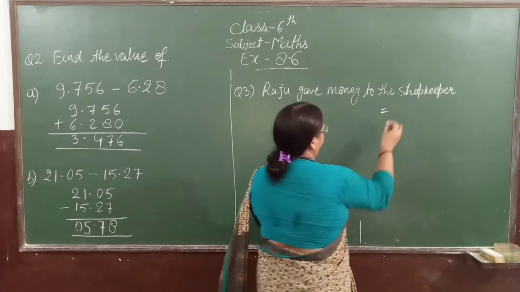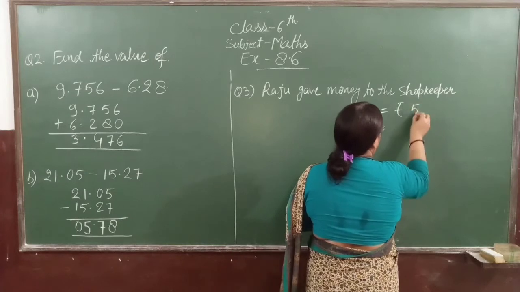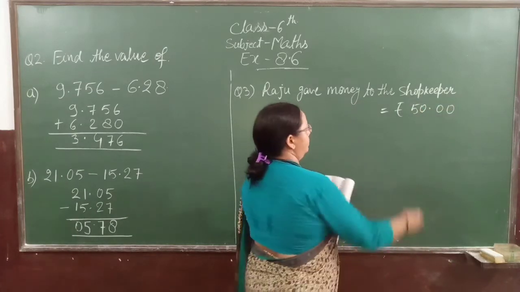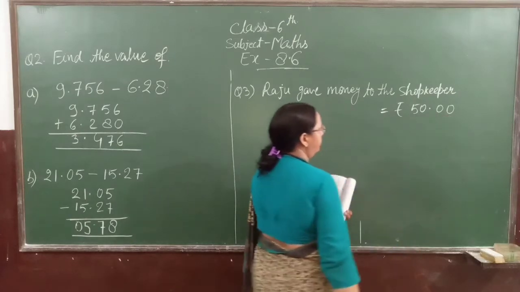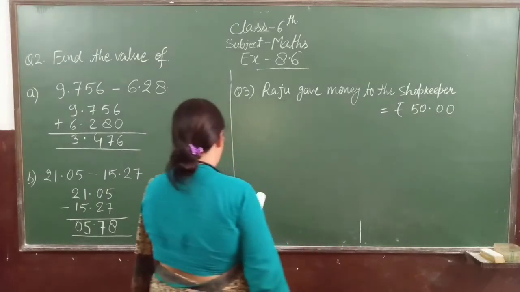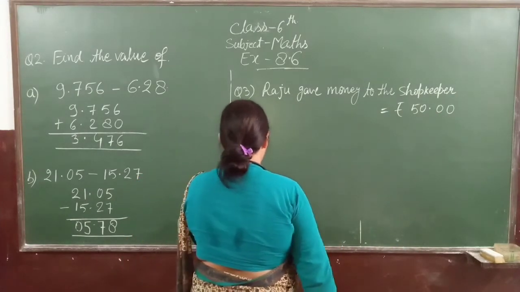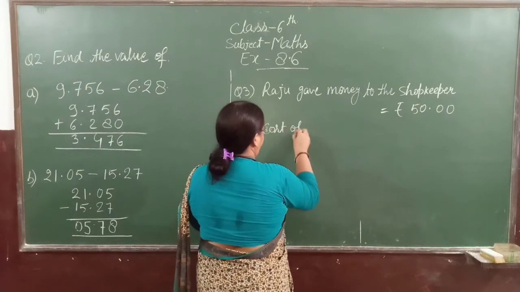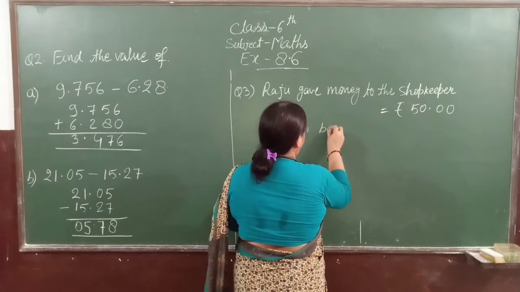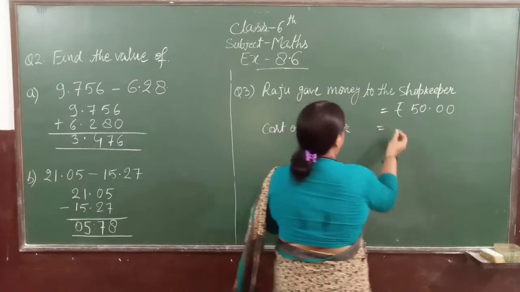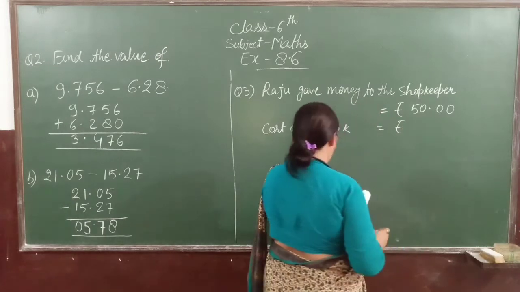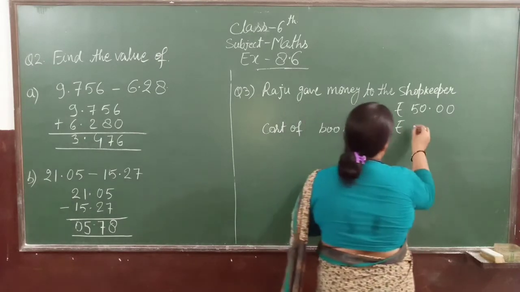That is rupees 50.00. This is for rupees and this is for paise. And the cost of the book is equal to rupees 35.65.